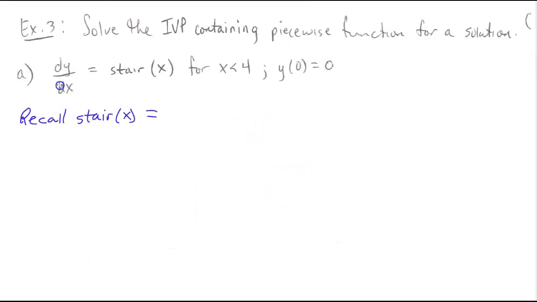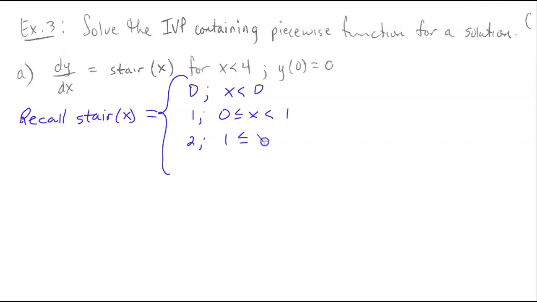So what that tells us here is that we need to figure out what this piecewise function is going to look like for all values of x up until 4. So again, we know that it's going to be 0 for all values less than 0. It's going to be 1 for values of x that include 0, all in between 0 and 1, excluding 1.